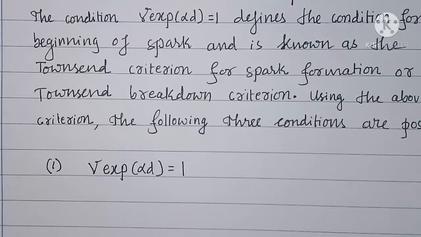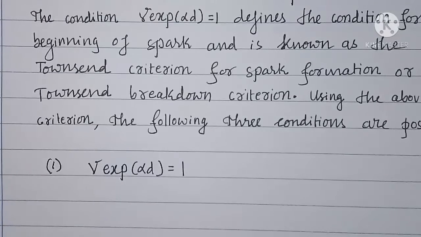It means that the number of ion pairs produced in the gap by the passage of electron avalanche is sufficiently large, and the resulting positive ions on bombarding the cathode are able to release one secondary electron and so cause repetition of the avalanche process.